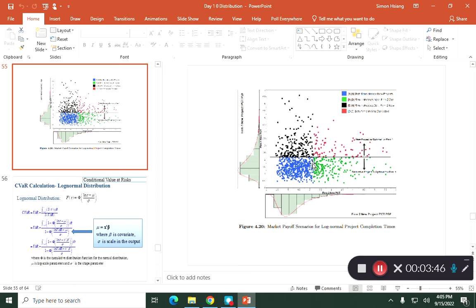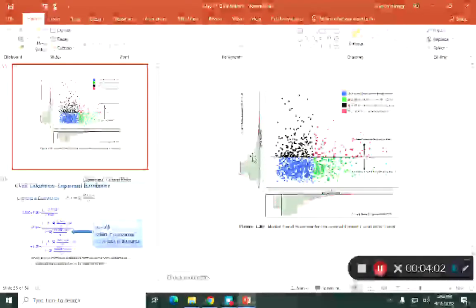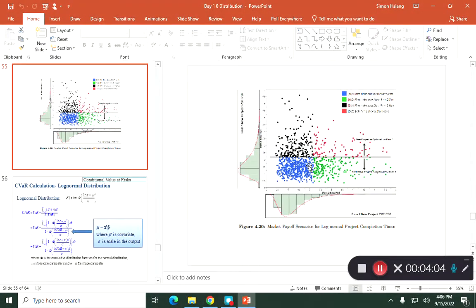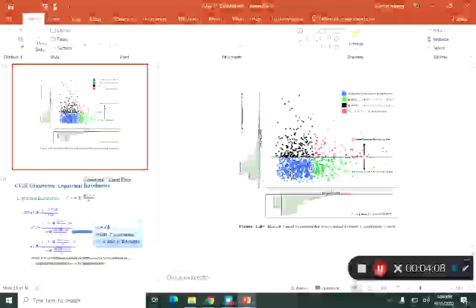So you can have two VARs, one for one CDF, one for another CDF, and then you say, oh, if it's beyond both VARs, then I'll be in red. I'll consider that very, very dangerous. If both are within VAR, you'll say I'm in blue, so I'm not that dangerous.